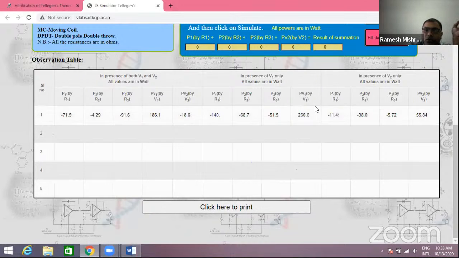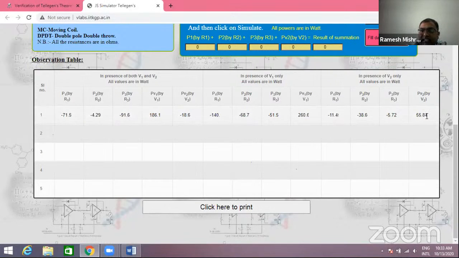The first source power is also present there. We count all these values, and we can satisfy the condition of Tellegen's theorem. Now we can prove it for V1, and afterwards for V2 also.